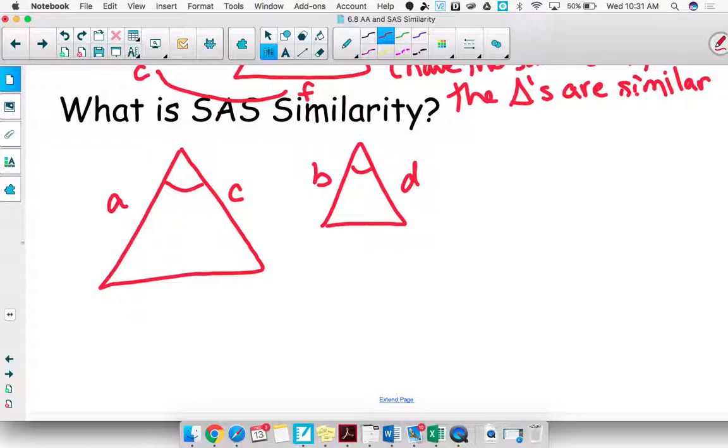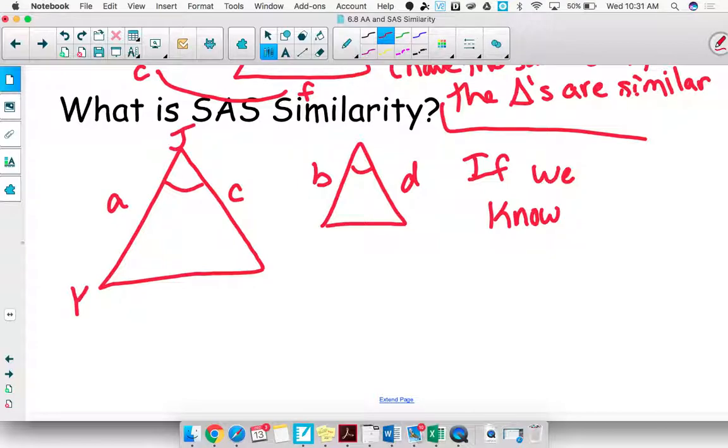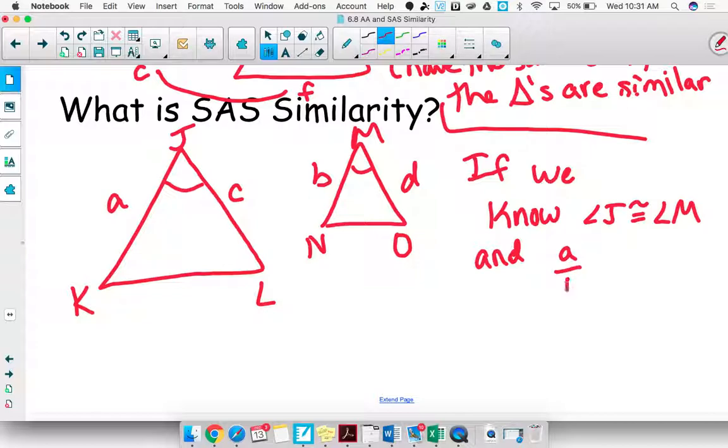I'll call these J, K, L, M, and O. In this case, if we know angle J is congruent to angle M, and A over B, so the left side as a ratio, equals the right side, as long as that happens, then the triangles are similar.